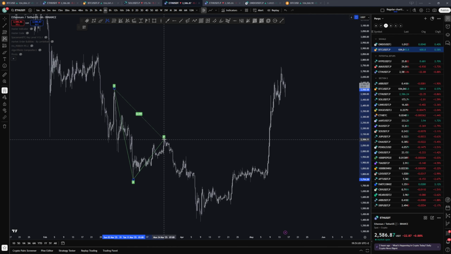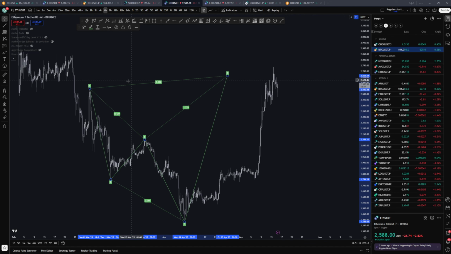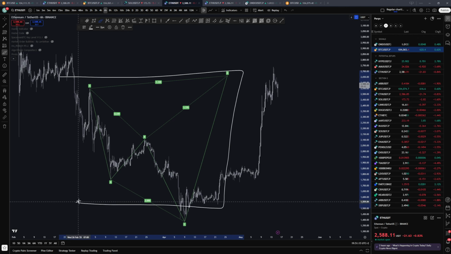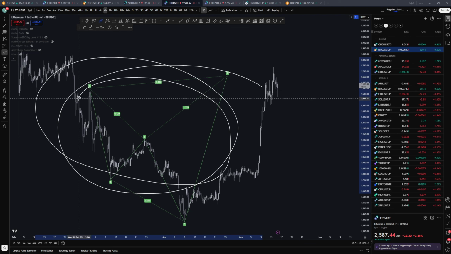So this is the level I'm going to use, but the problem is that this X point is very, very sketchy. This is not necessarily a swing high or low, which is the reason why I haven't been taking any high time frame trades on ETH at all, because there's nothing to make here.